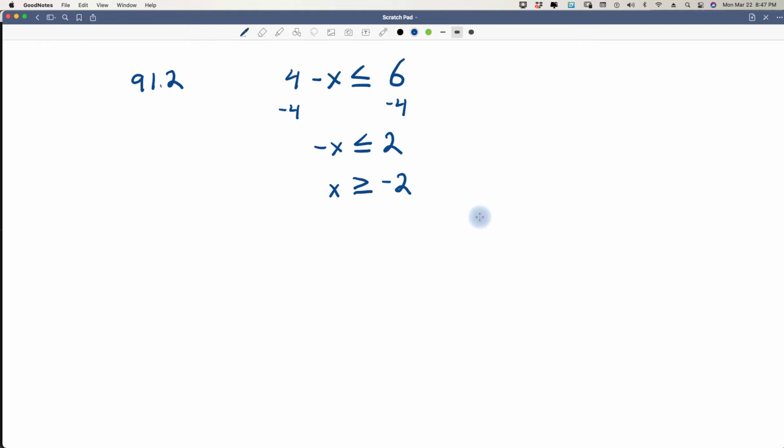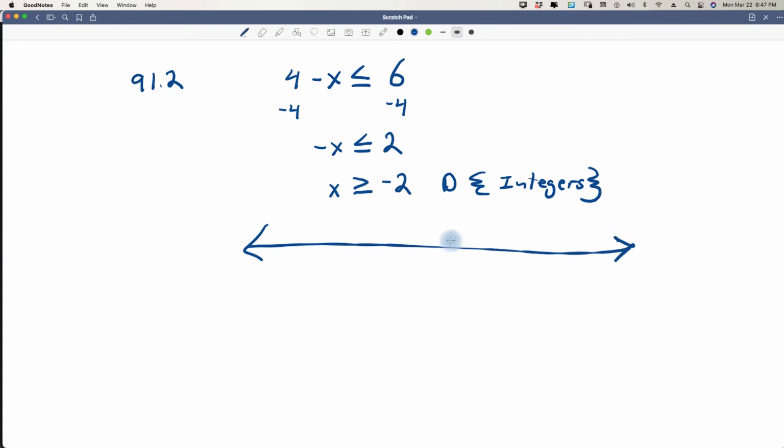And then we can graph that. And the domain for this was integers. So how do we graph integers? We graph integers like this. This is 0, 1, 2, 3, 4, 5.